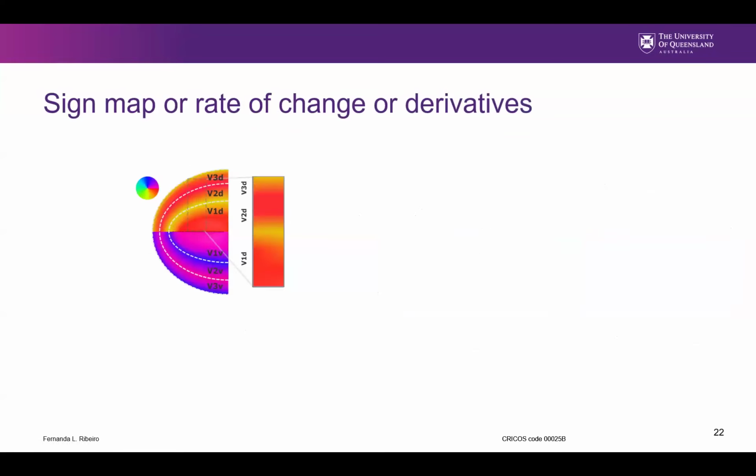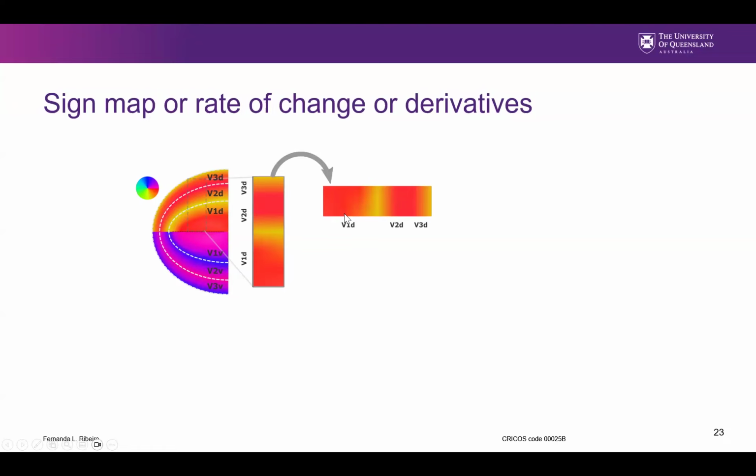But what are they? I like to think of sign maps as a representation of the sign of the rate of change. So if we have a look at this representation of a strip or line, isoeccentricity line on here from the dorsal portion of early visual areas, and then rotate that, we can see very clearly that up here we have the representation of the angle 360.